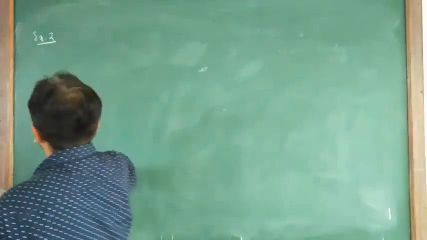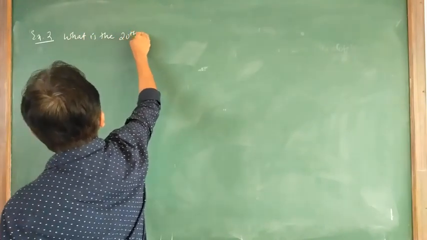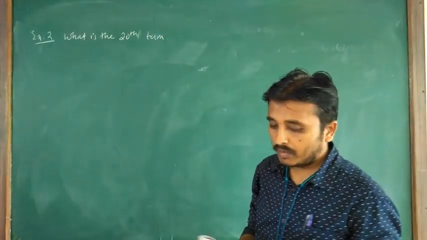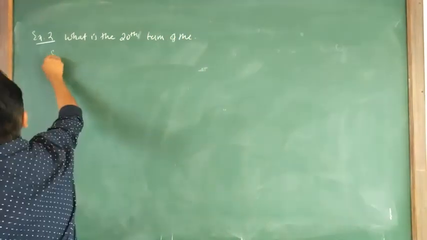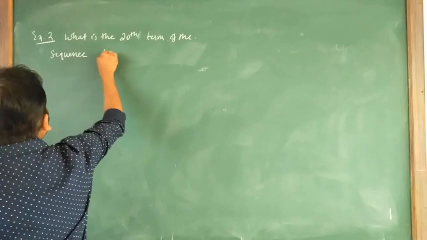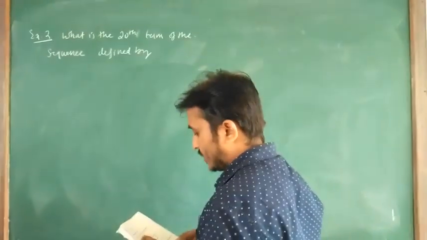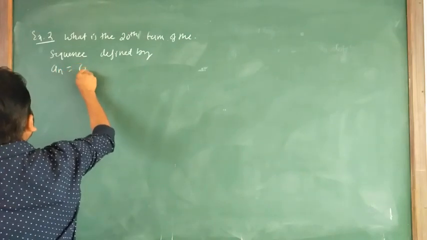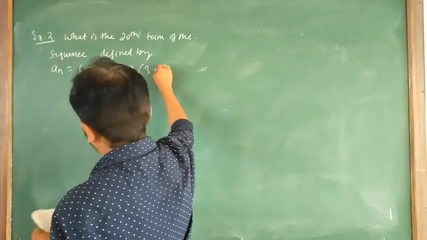What is the 20th term of the sequence defined by an equals (n minus 1)(2 minus n)(3 plus n)?